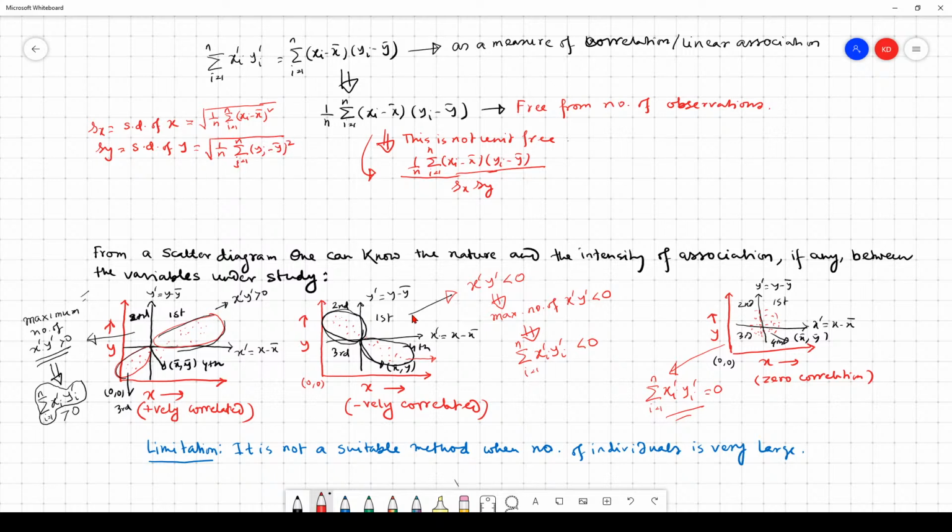So now it is not only free from the number of observations, this is also a unit free measure, and this is denoted by small r, which is called the correlation coefficient. And we consider this as a measure of linear association.